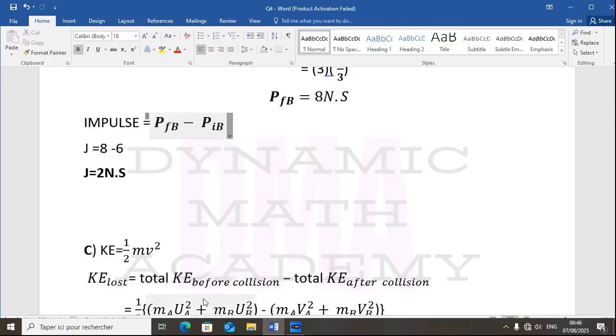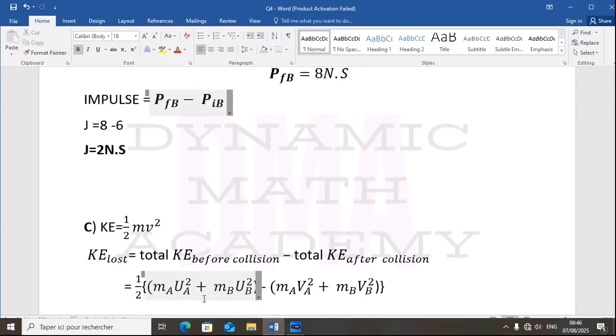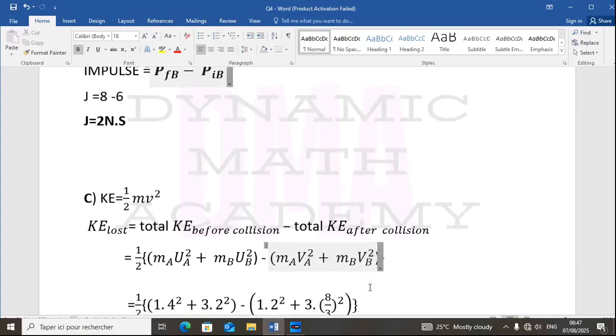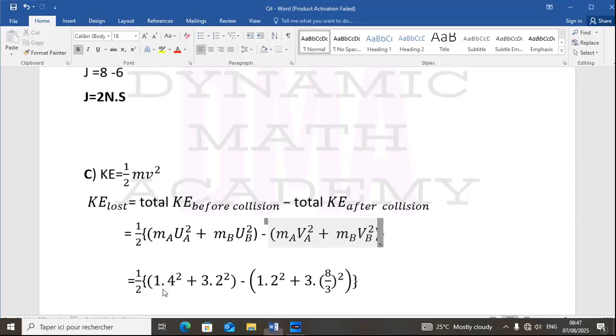Since the half is common everywhere, I will factor out my half. The total kinetic energy before collision will be equal to m_A u_A squared, that's the mass of A, initial velocity of A squared, plus the mass of B, initial velocity of B squared, minus m_A v_A squared plus m_B v_B squared, the final velocities. If I substitute everything, the mass of A was found to be 1 kilogram.